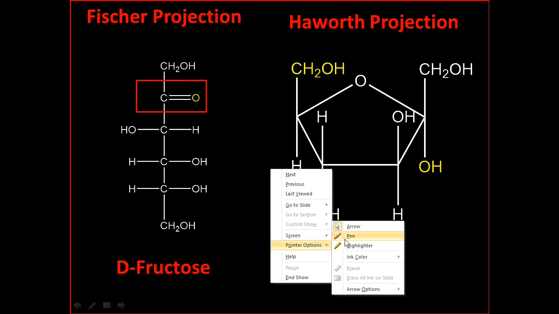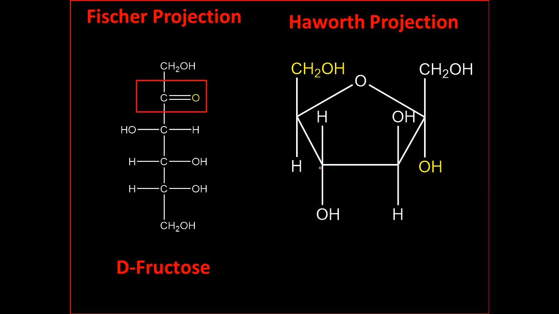In this part, the ketose will always have a C double bond O group on its second carbon. Not like the aldose, where we need to go to the first carbon, because the first carbon in aldoses will always have the C double bond OH.